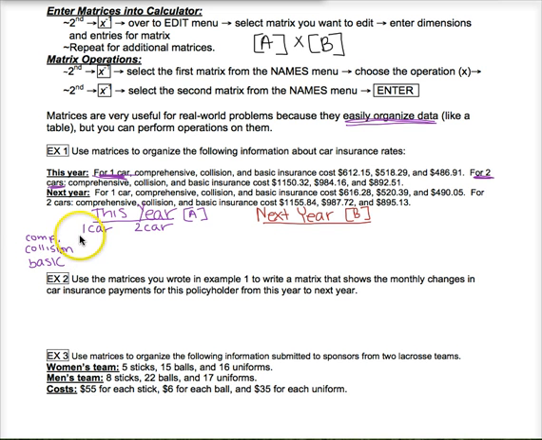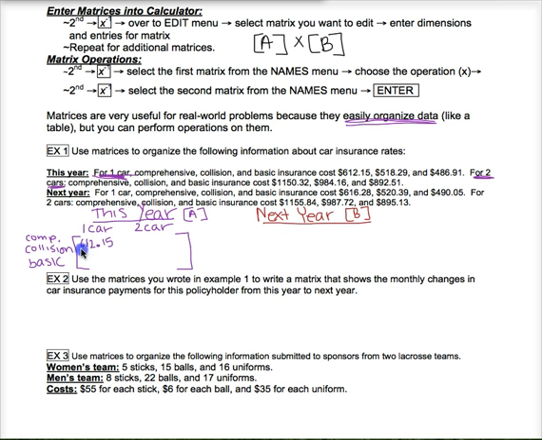So just like I would with a table, I've got the categories and the titles out front, but I'm going to enclose this in a matrix that is going to be 3 rows by 2 columns. The 3 rows are the types of insurance, comprehensive, collision, and basic, and the 2 columns are one car and two cars. Now I'm just going to enter the values. So this was 612.15.